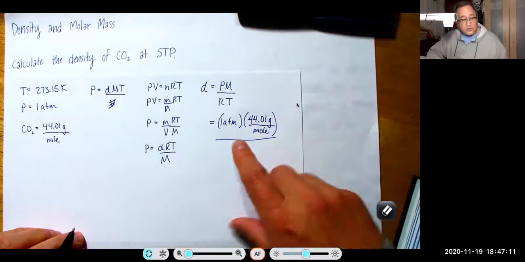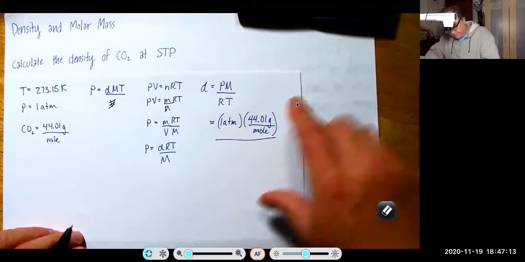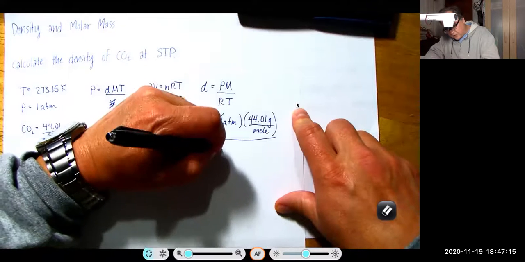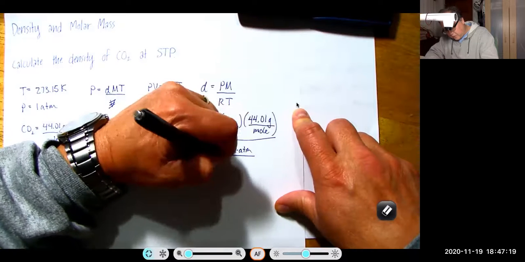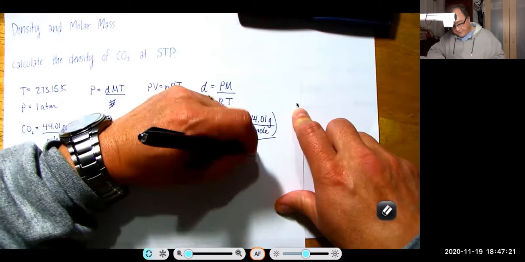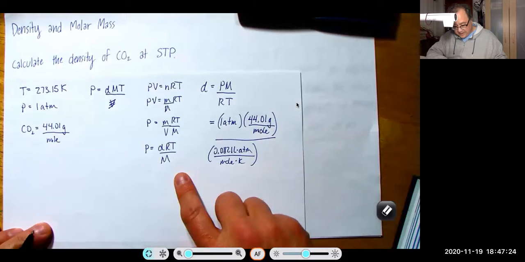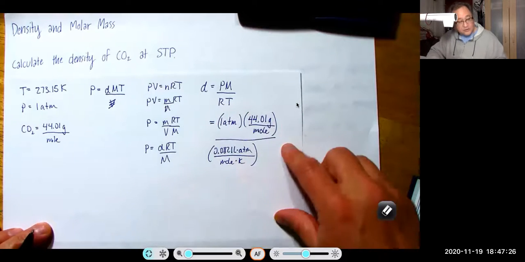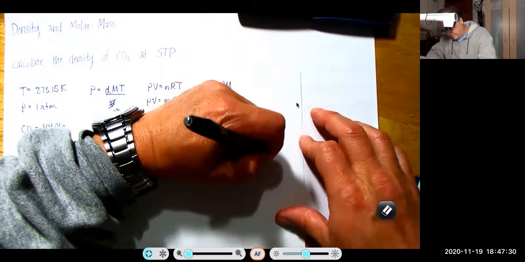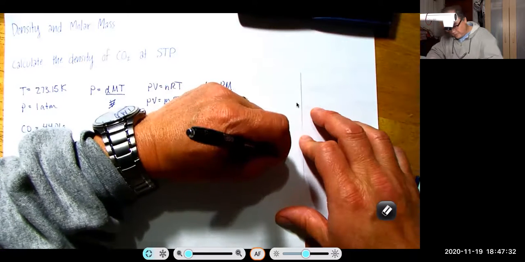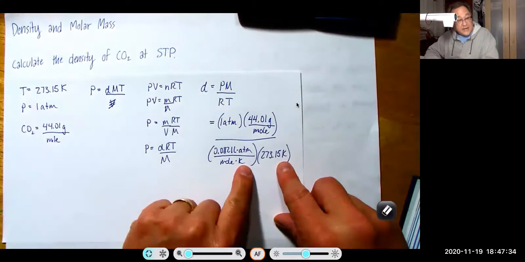Now the R, we're going to use the one with atmospheres in it. So that's 0.0821 liters atmospheres per mole per K. And the temperature is 273.15. So here you can see that the Ks cancel.